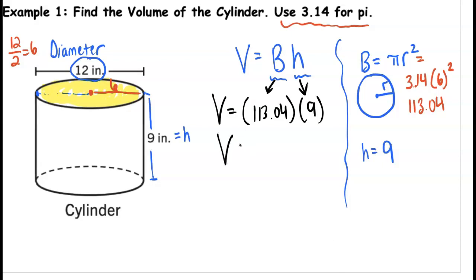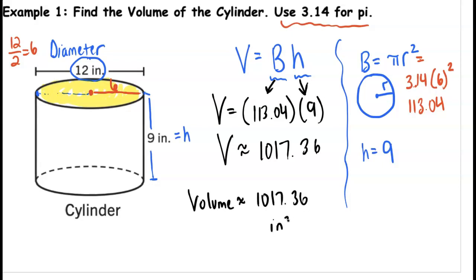Volume is approximately 1017.36. Now remember that volume is measured in cubic units, so I'm going to say the volume is approximately 1017.36 inches cubed. And we are done.